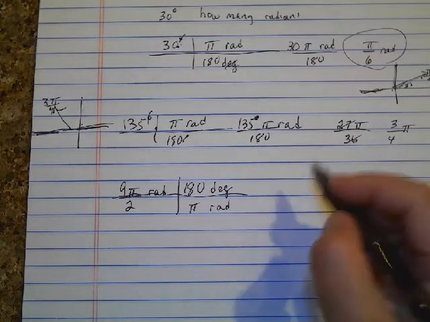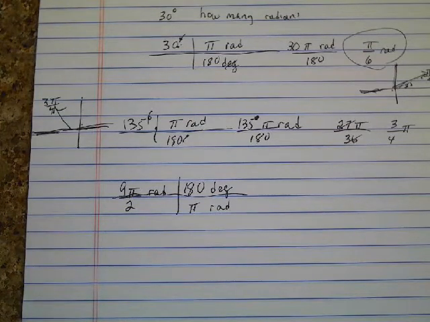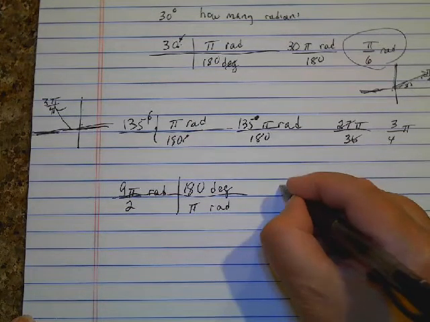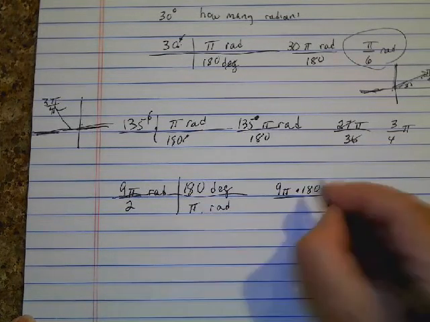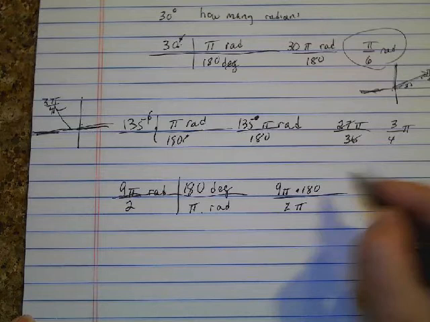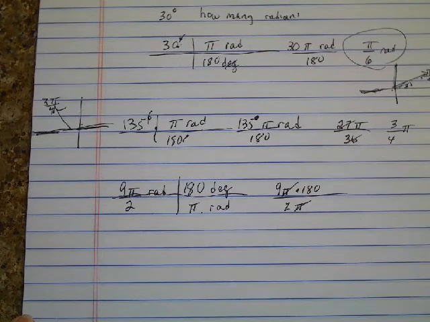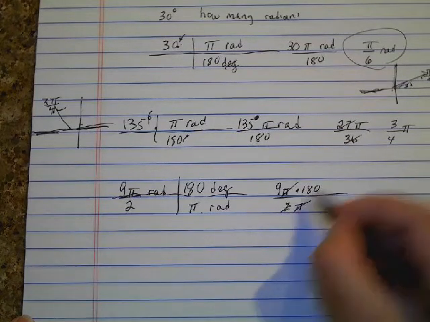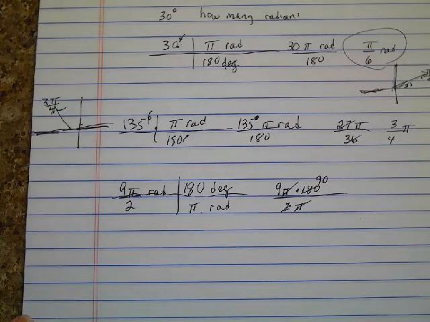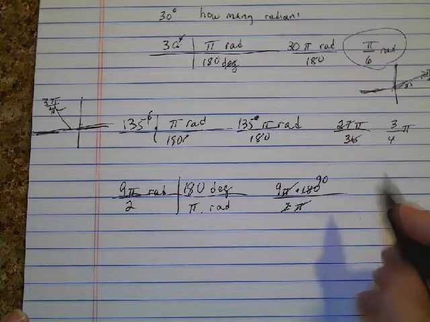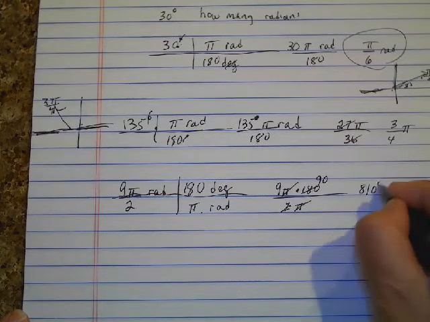So when I multiply this out, and I'm not going to multiply it out fully, I'm just going to say 9 pi times 180 over 2 times pi. The pi's will cancel. 2 goes into 180 90 times, and 9 times 90 would be 810 degrees.